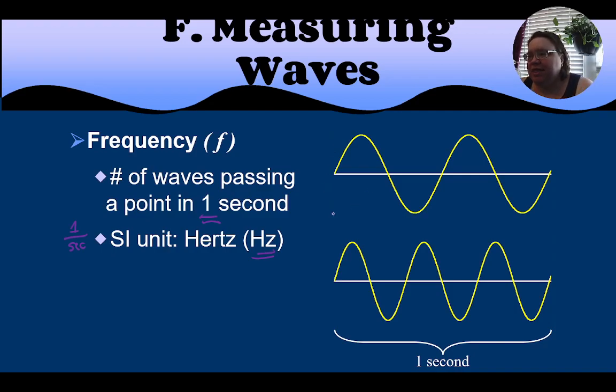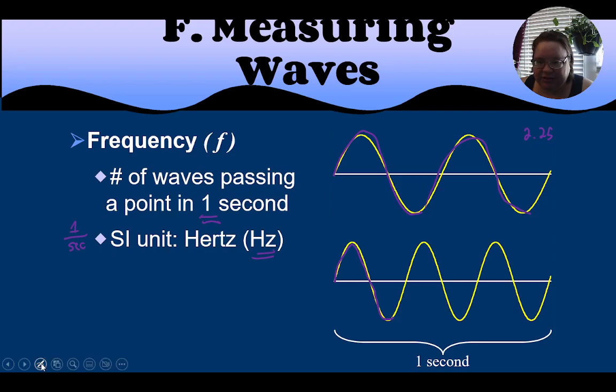So assuming that my illustration is 1 second, notice how the top image only has 2.25 wavelengths in 1 second. So its frequency would be 2.25 hertz. Versus the bottom one, we can see that we've got more crests.